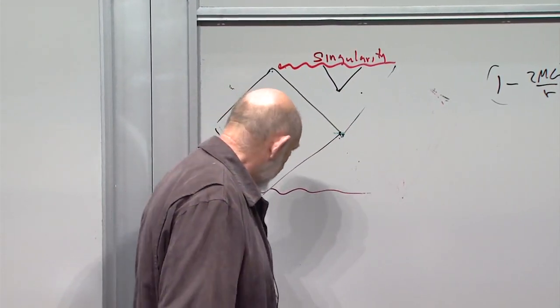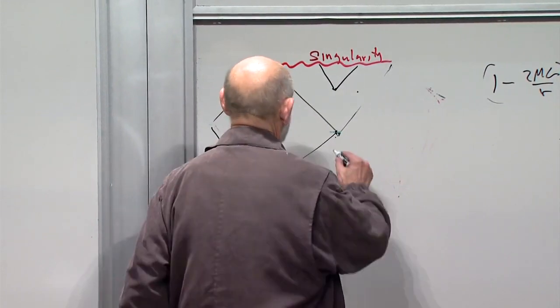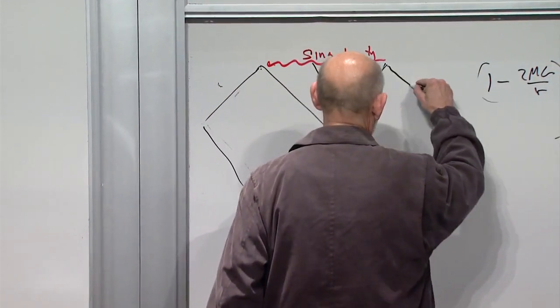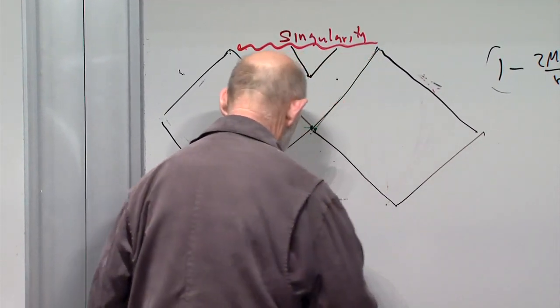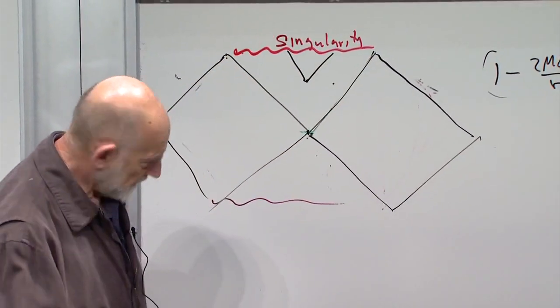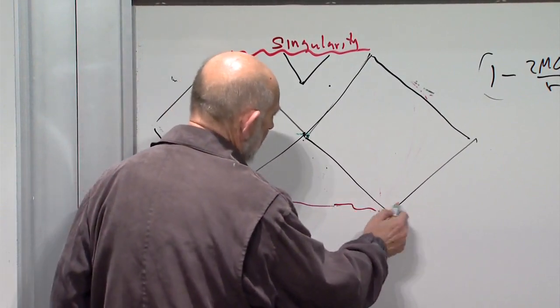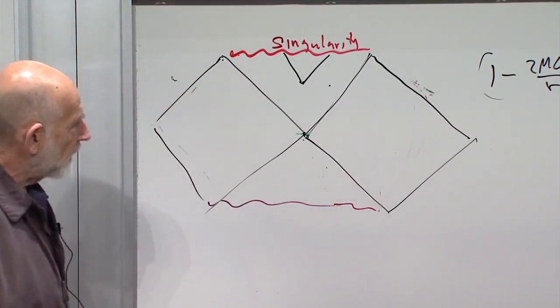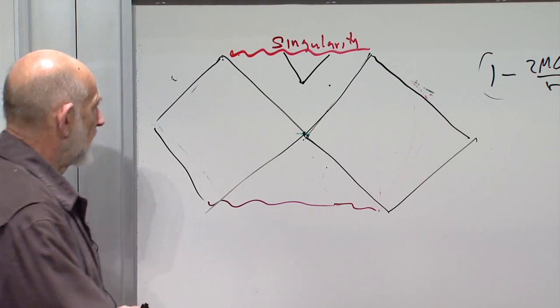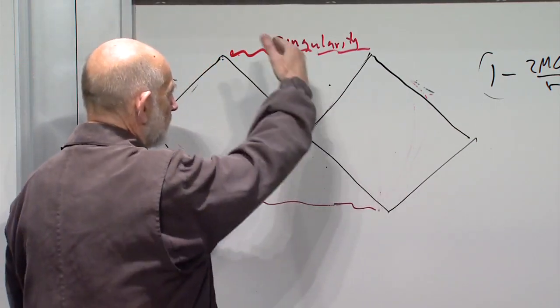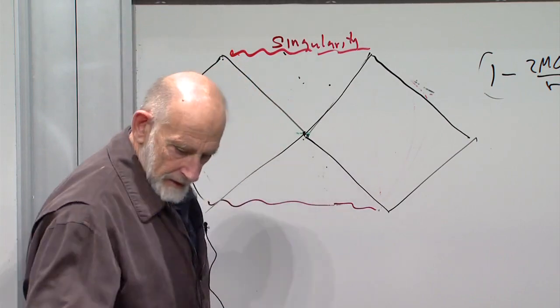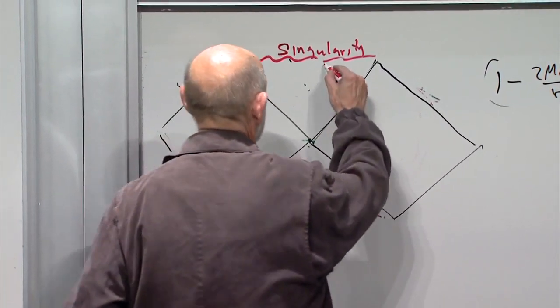I lost my black pen. Oh, there it is. Okay, so here it is. And now somebody on the outside throws in the shell. The shell comes riding in, and it looks like this.